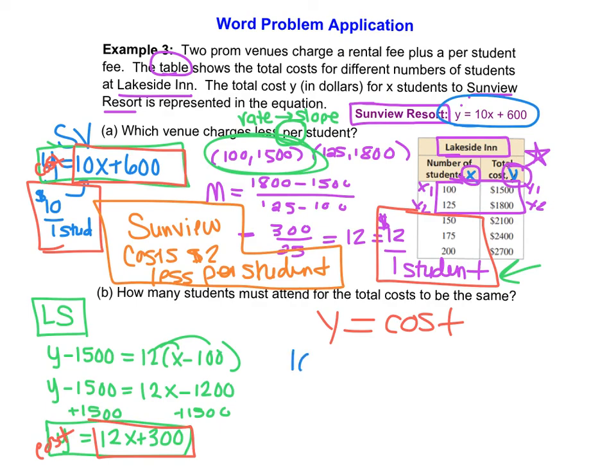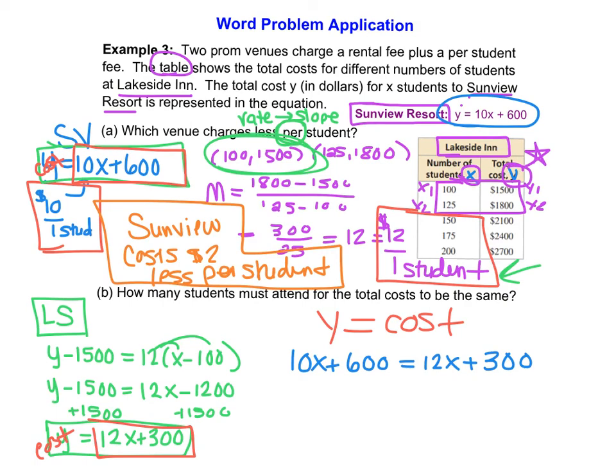So we take the first cost equation and we set it equal to the second cost equation. And then from here, all we need to do is solve this small linear equation, and determine what value of x, or how many students, for which the cost is the same.